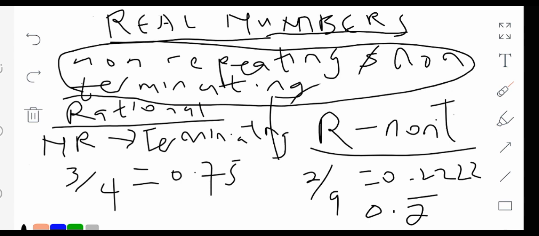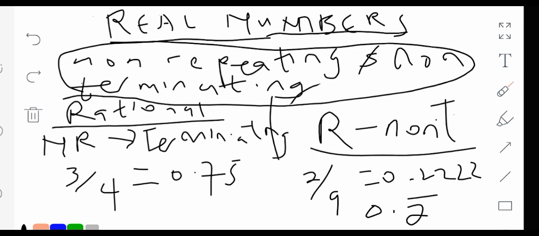This 0.2 bar means that it is repeating but non-terminating. It keeps repeating itself on and on, and it does not terminate.